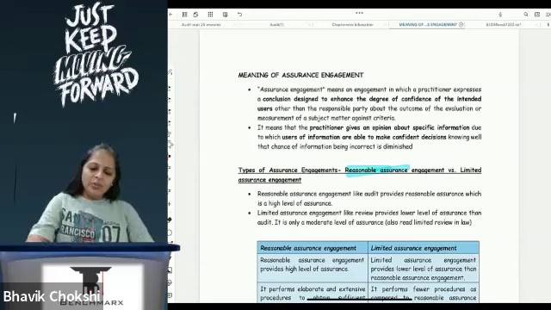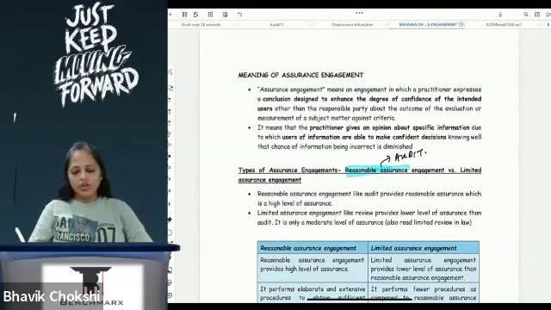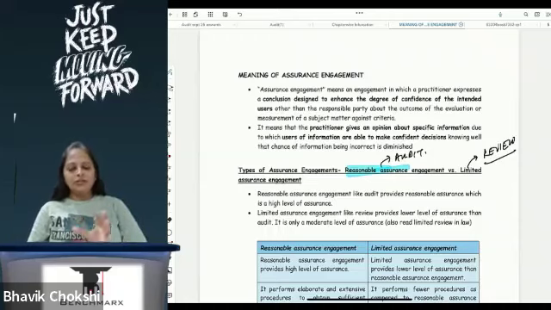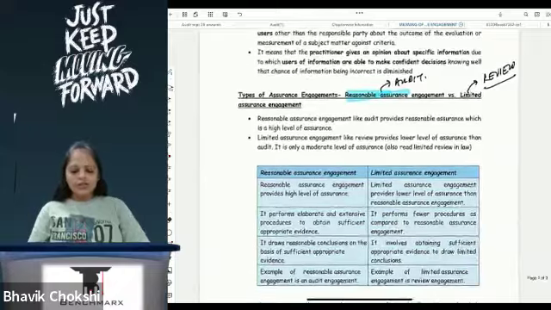When I'm doing an audit, I will give a reasonable assurance, but when I am doing a review, I will be giving a limited assurance, to the extent of whatever I have seen and based on the process. So every time I do a limited review for companies, my assurance is a limited assurance as compared to an audit, where there's a reasonable assurance.